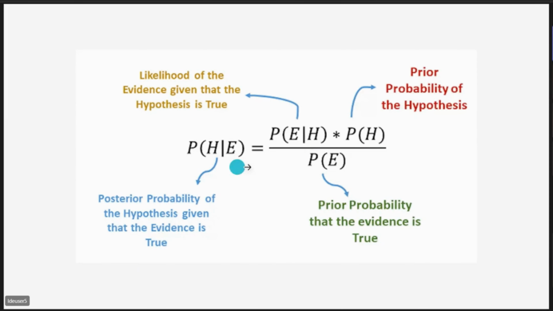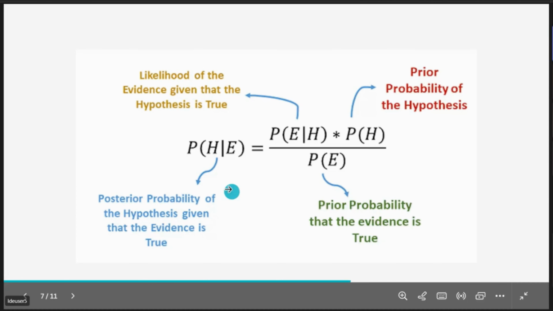So P of E given H is the likelihood, and these are the ones which we calculate: the prior probability and conditional probability. So the likelihood that the evidence is true given that the hypothesis is true, into the probability of the hypothesis, divided by the probability that the evidence is true.